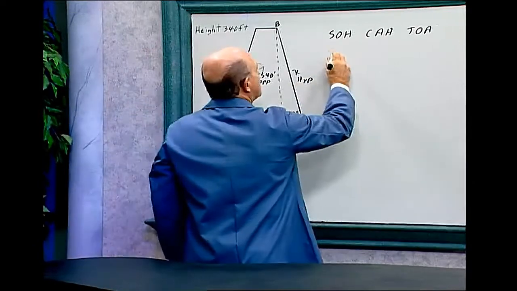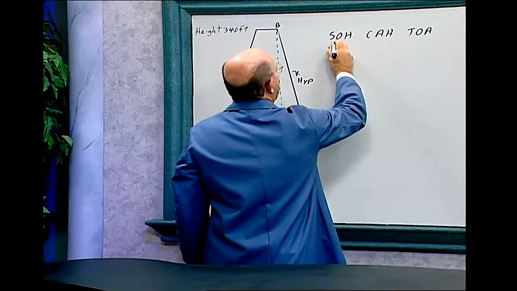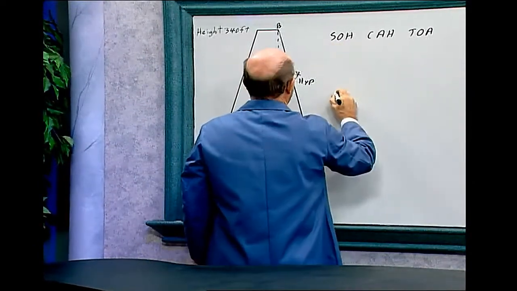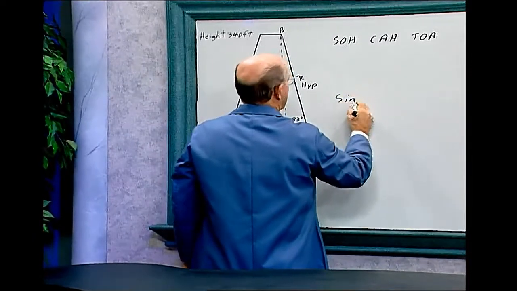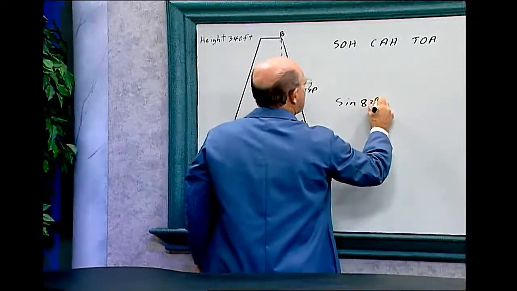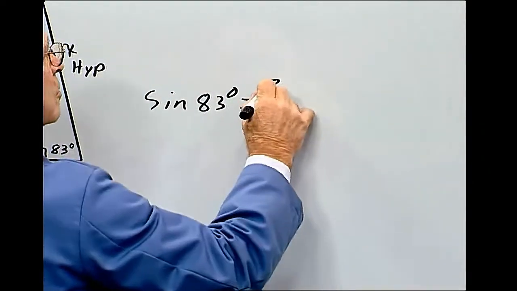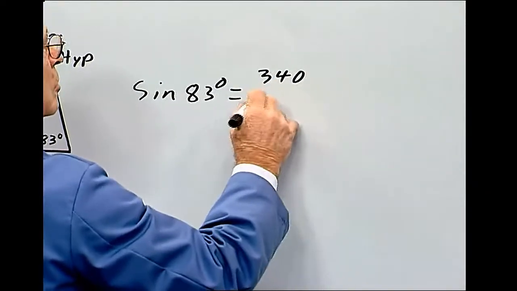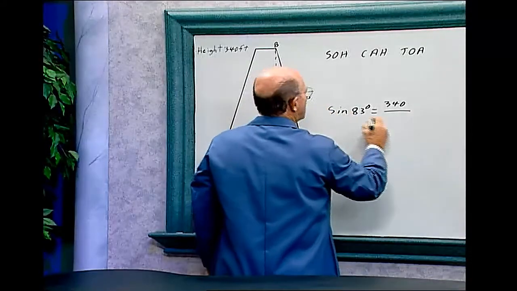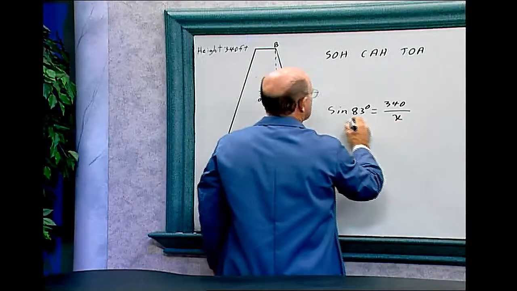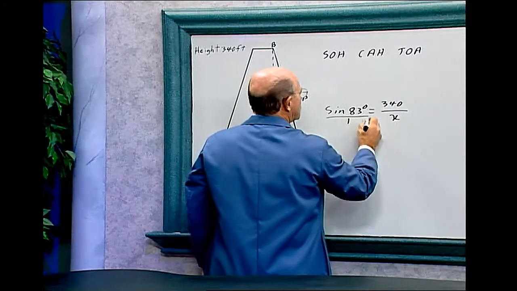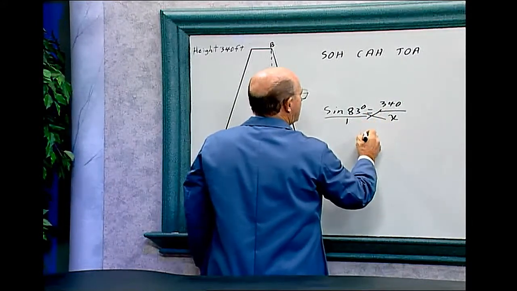So we look here to SOHCAHTOA, and that would be this formula. Sine of 83 degrees equals opposite, and that's 340, divided by the hypotenuse, which is the unknown, x. So let's do the math and cross multiply.